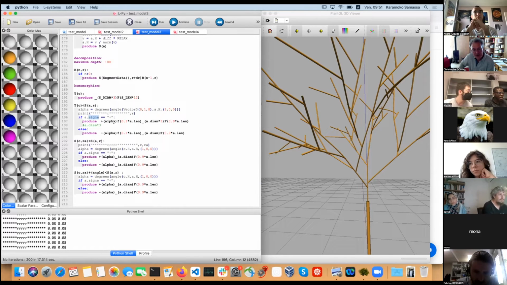I see. Your problem is that the plus and the minus are relative angles with respect to the current frame of the turtle, which means the turtle can be in any direction. If you do a plus, you will rotate in this direction, but not relative to the vertical direction.